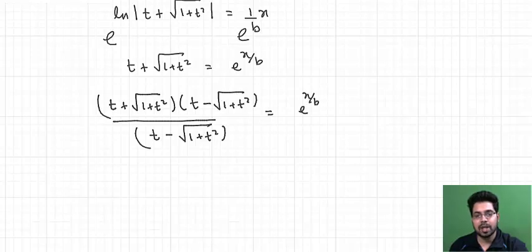So I will multiply both sides by e to the power minus x by b. So the right hand side would become equal to 1. And the numerator is going to become minus 1.